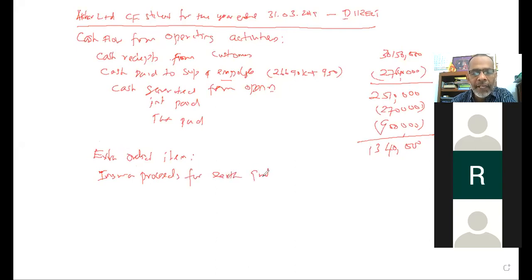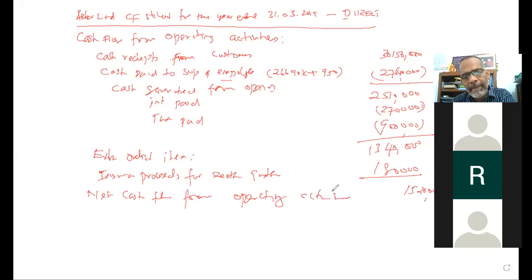They have given in your statement earthquake 180,000, therefore the total will be 1,520,000, which is the net cash flow from operating activities.